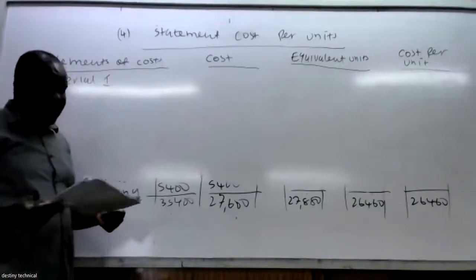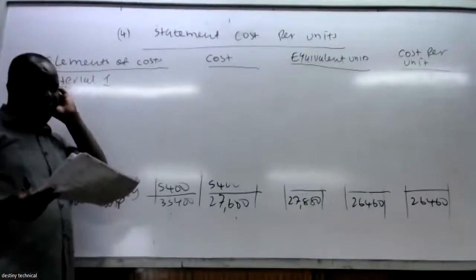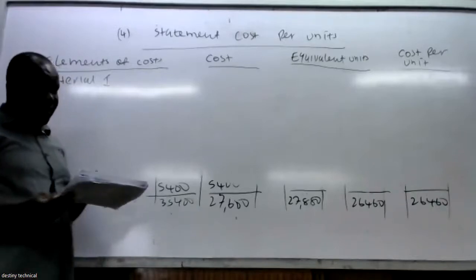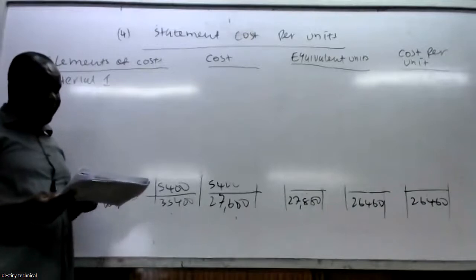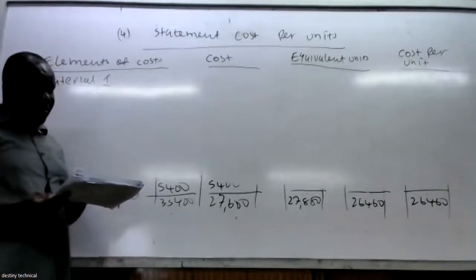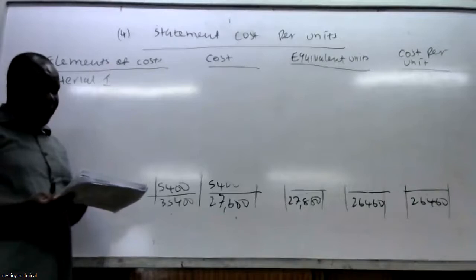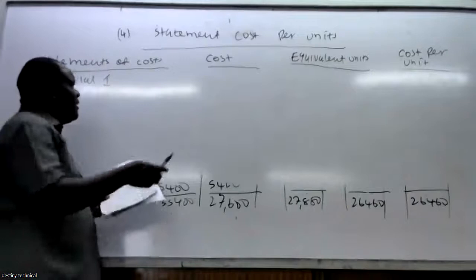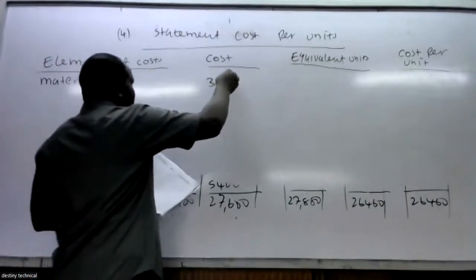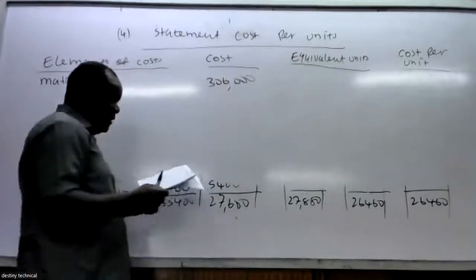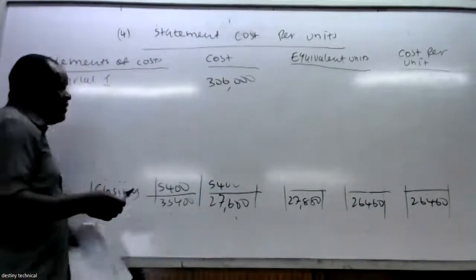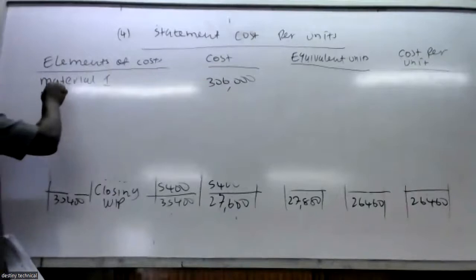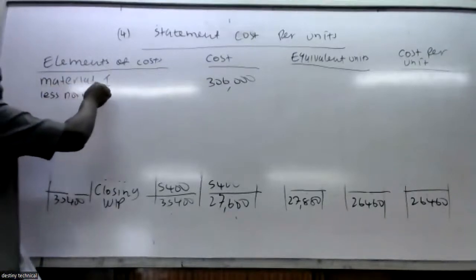Material 1 is what was transferred in from the previous process. So when you check note number 1, transfer from process 1 amounted to 30,600 units. They are valued at 306,000. We less the normal loss from that figure.